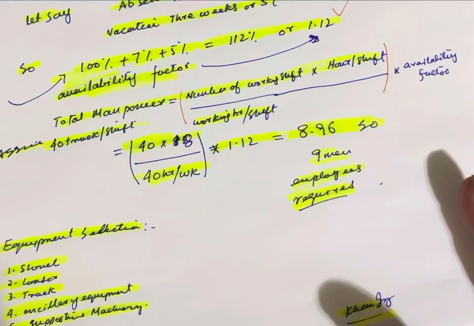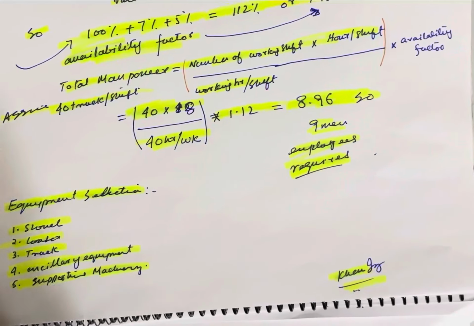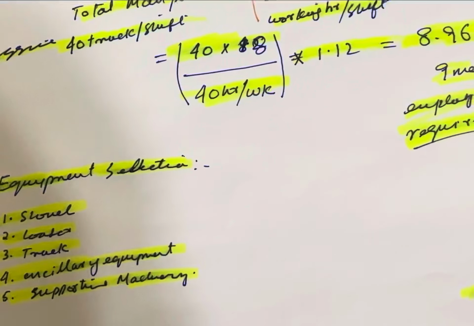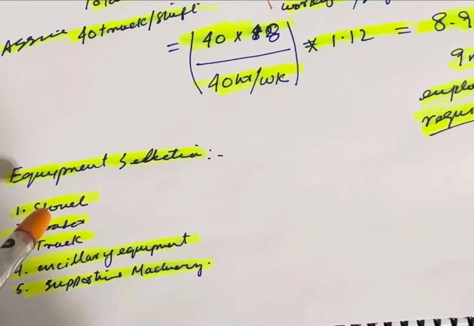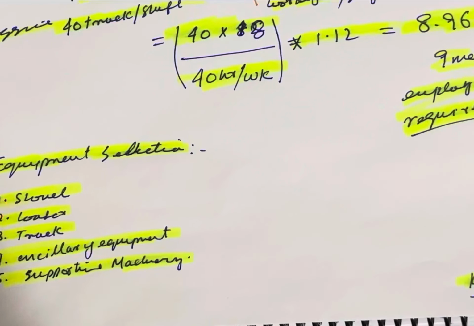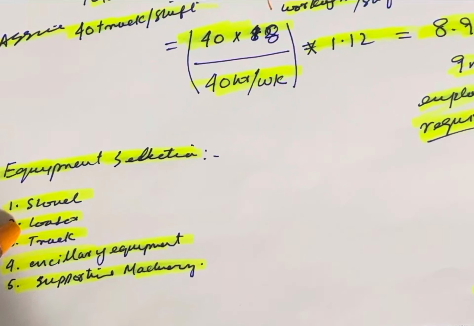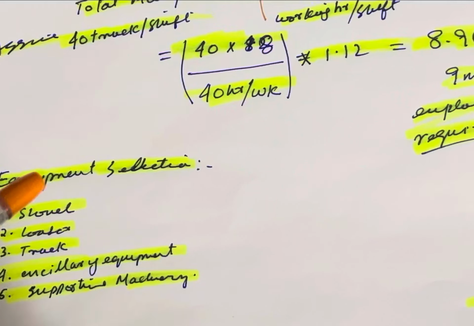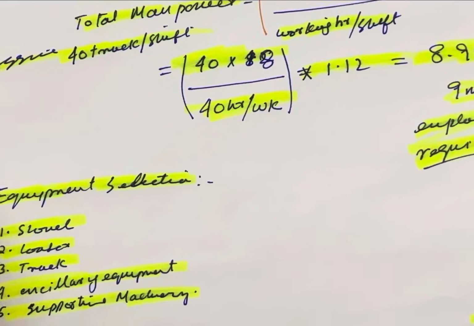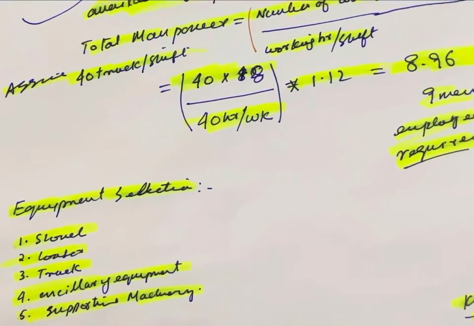In other lectures, which are required in the design of surface mining, open pit planning, designing, and development, the machinery selection is shovels, loaders, trucks. We already discussed ancillary equipment and supporting machinery like bulldozers and maintenance machinery.